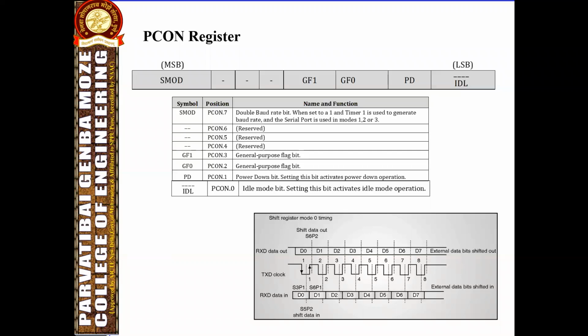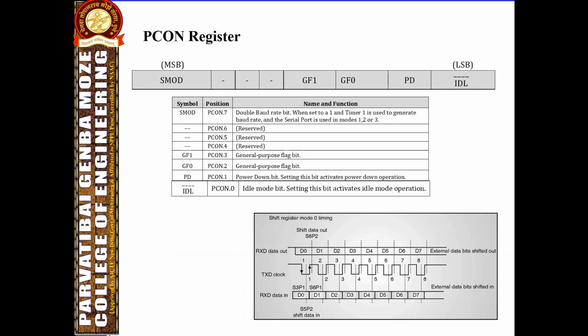Setting this bit activates power down operation. IDL, which is the 0th bit of the PCON, is the idle mode bit. Setting this bit activates idle mode operation.